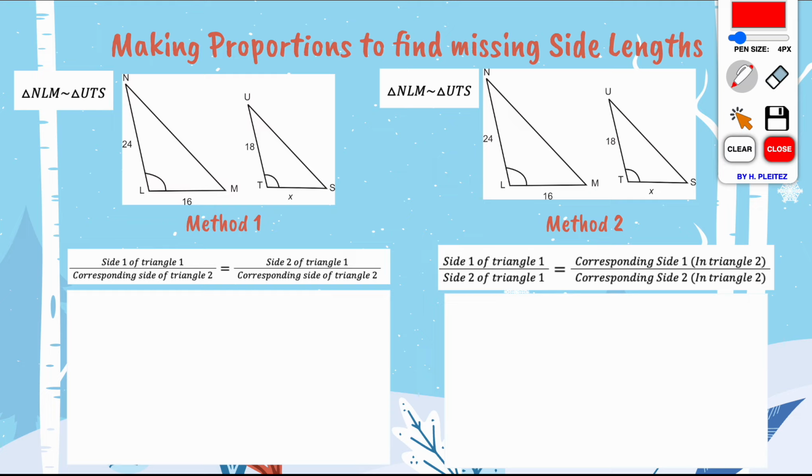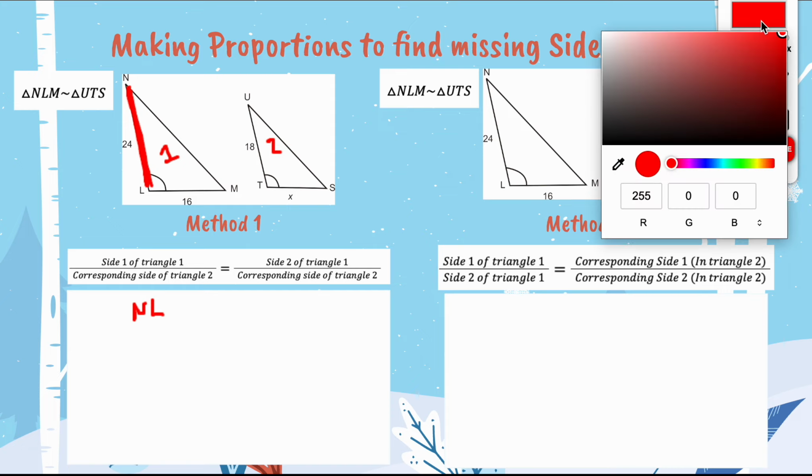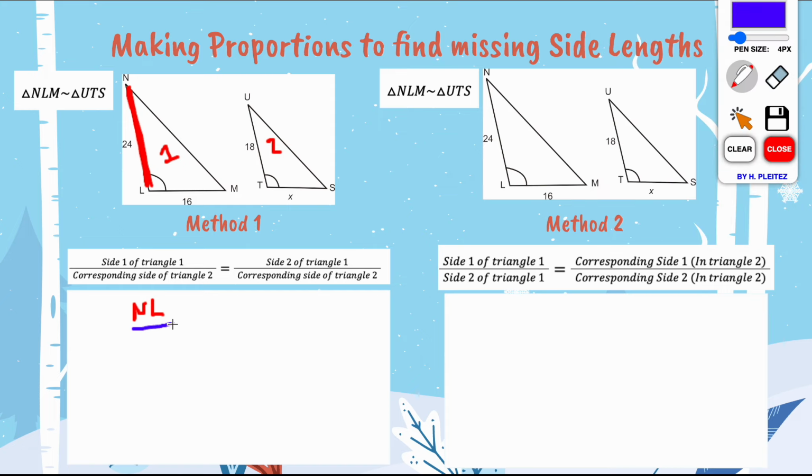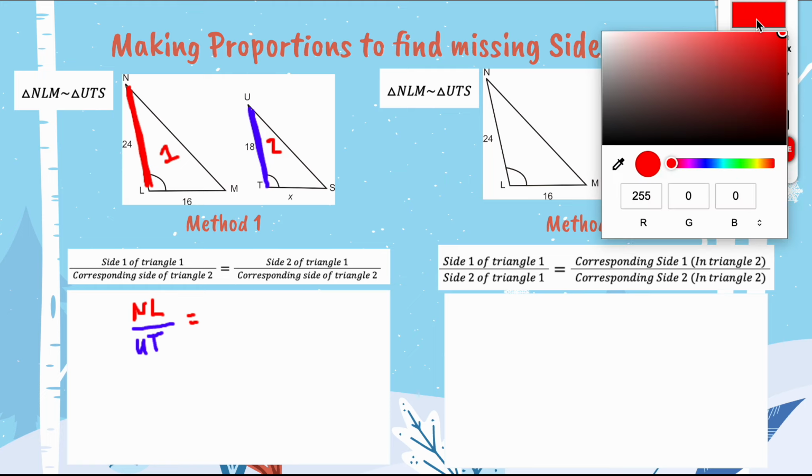In method 1, what we're doing is we're taking a side. We have 2 triangles, right? Triangle 1 and triangle 2. So in method 1, we're taking a side of triangle 1, which is NL. We're picking a side. Then in the denominator of this fraction that we're making, we're going to put the corresponding side, which is going to be UT. Then in the next fraction, I should have made them both red.